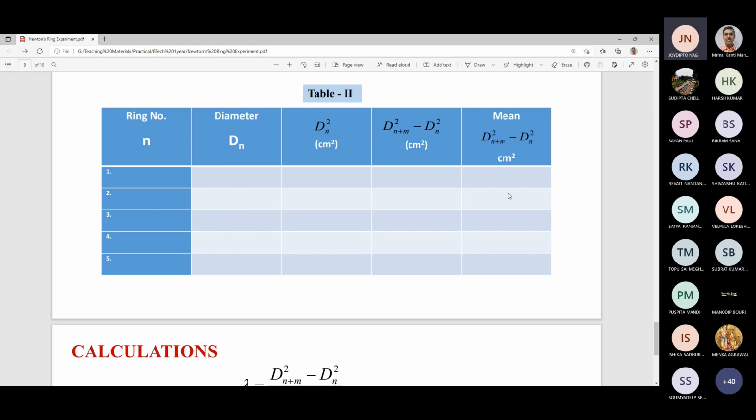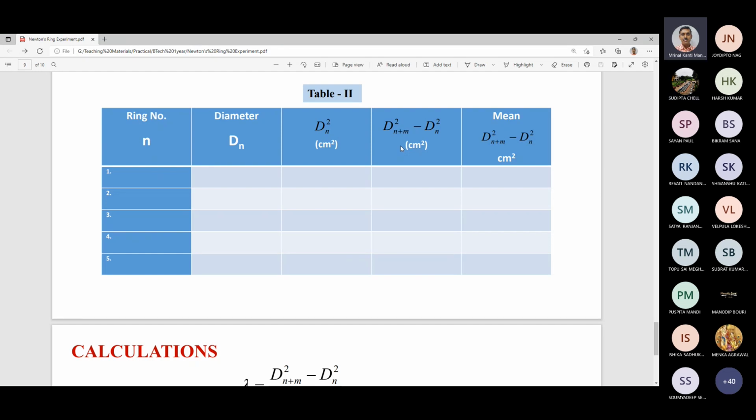Sir, suppose we go for the second one, then D6, then for the third one D7. Sir, how are we picking the value of M? So you take m equal to constant 3. Then first you take the difference d5 square minus d2 square.